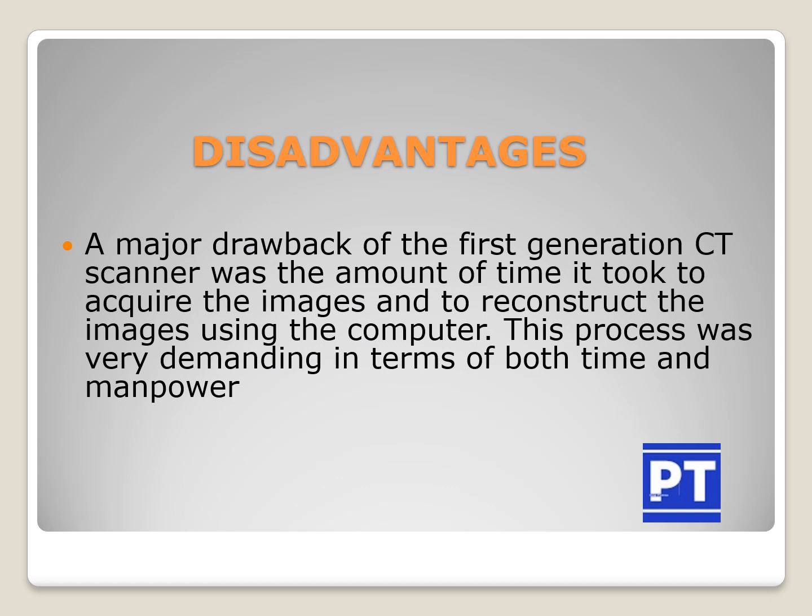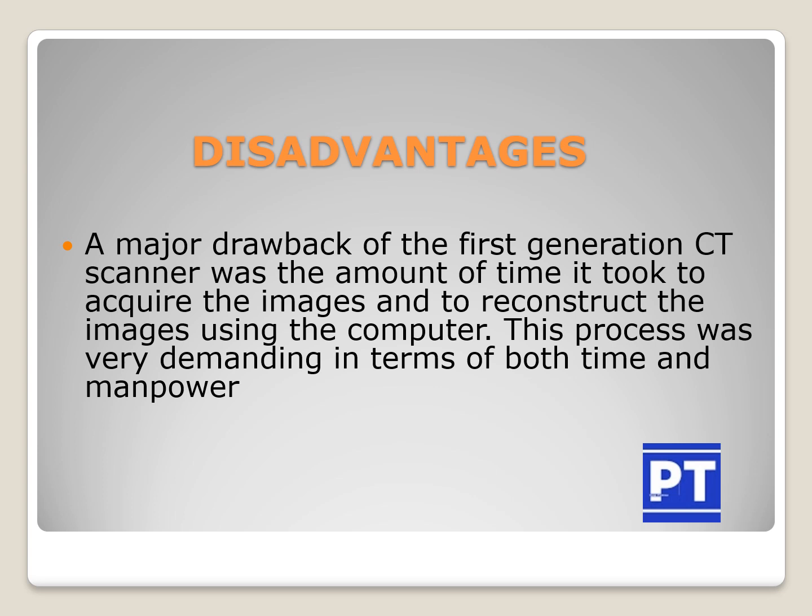The major disadvantage of the first generation CT was time. Time was the main disadvantage, since it was meant only for the brain, and for a single patient or a single scan it takes about 25 to 30 minutes.